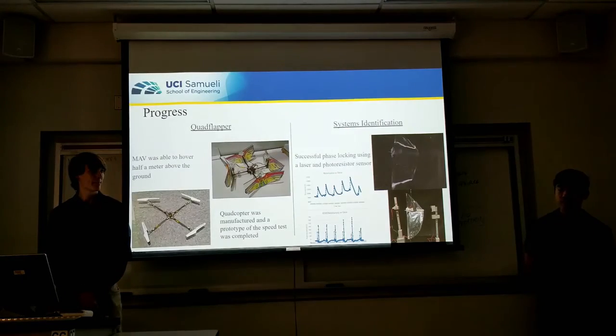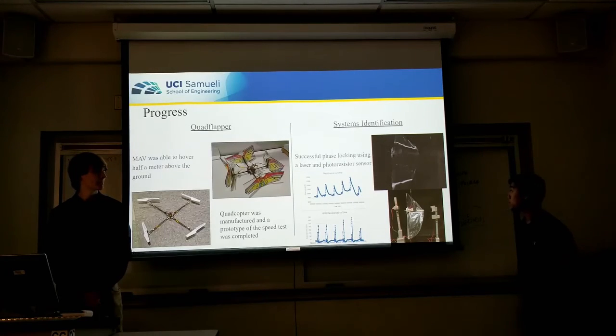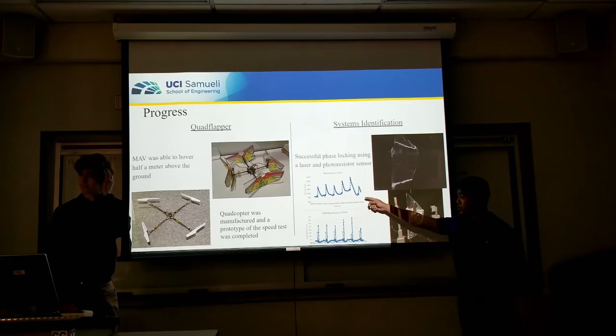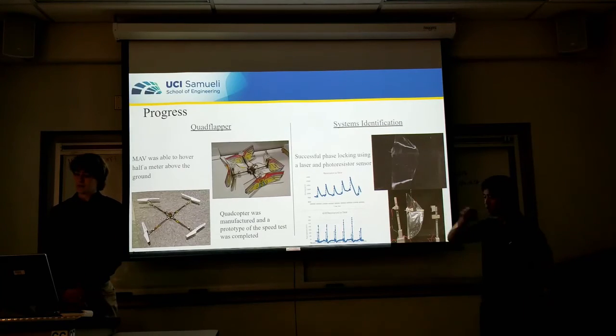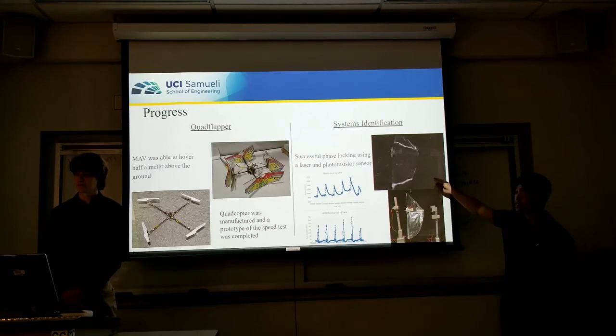For systems identification, here are some of the images for the PID team. We've successfully phase locked using a laser and photoresistor. The graphs here show the resistance of the photoresistor changing when the wing goes over the laser. Here is the actual test rig, and here are the actual images from the PID system itself.